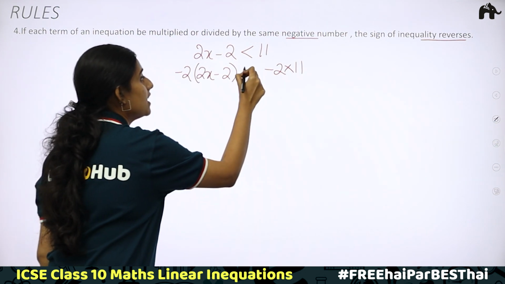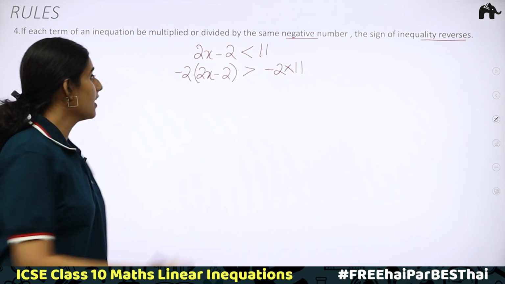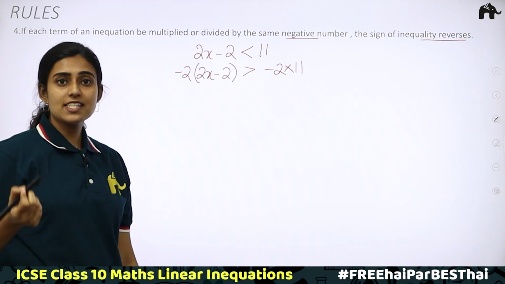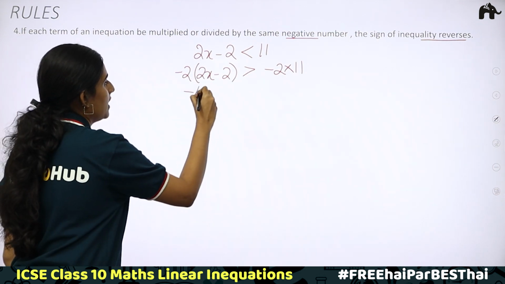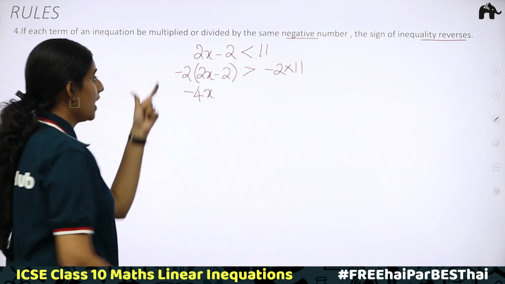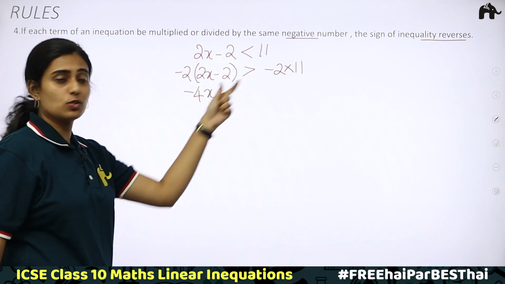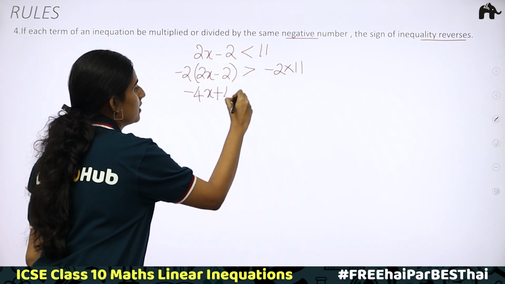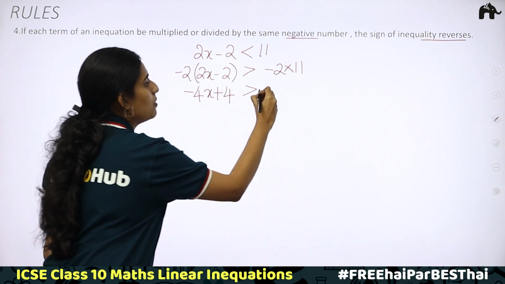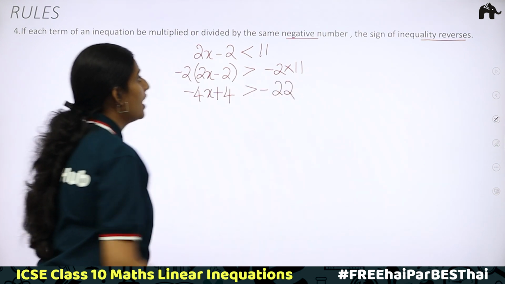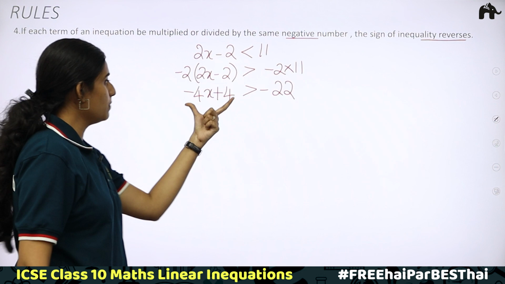Less than becomes greater than. Minus 2 into 2x is minus 4x. Minus 4x, minus 2 into minus 2, that is plus 4. Greater than minus 22. According to the given rule, we will be getting this.